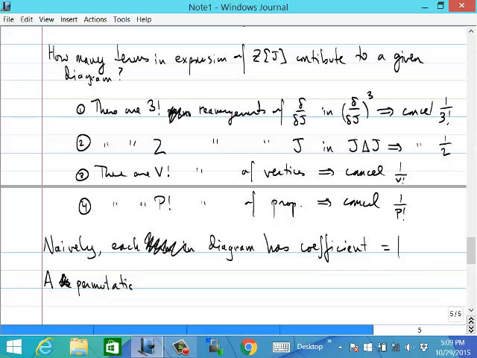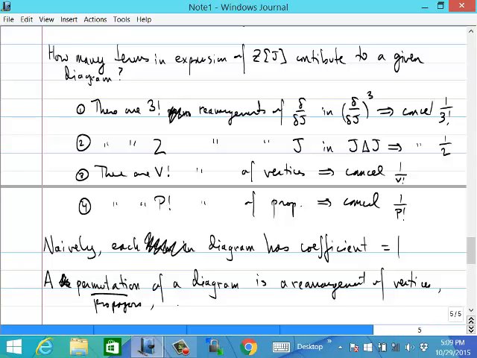So let's say that a permutation of a diagram is a rearrangement of vertices, propagators, the 3 lines coming out of a vertex, or the 2 endpoints of a propagator.